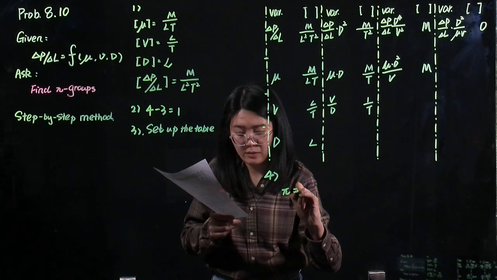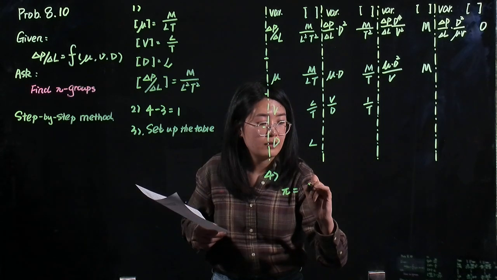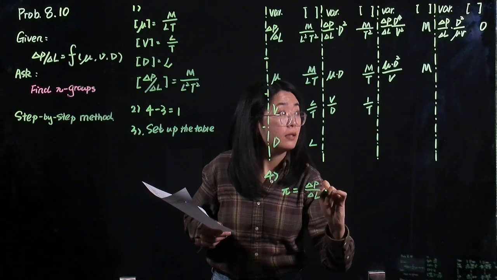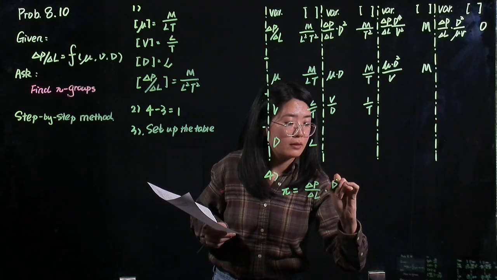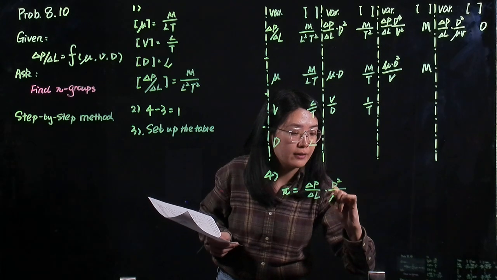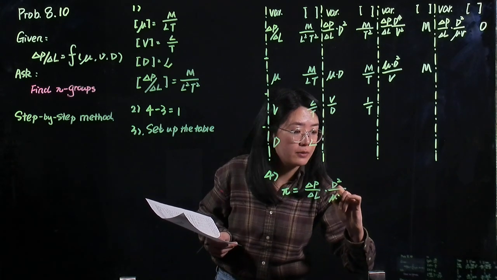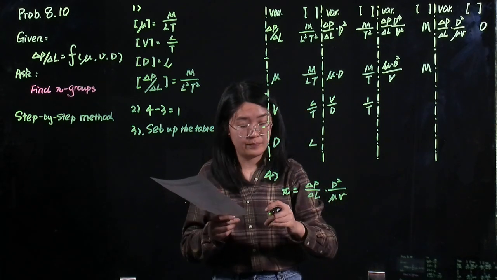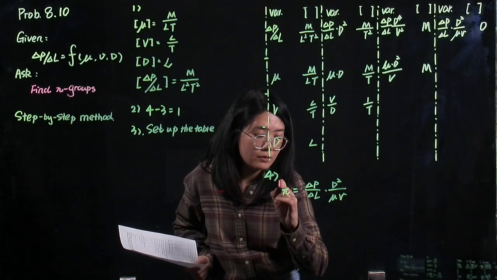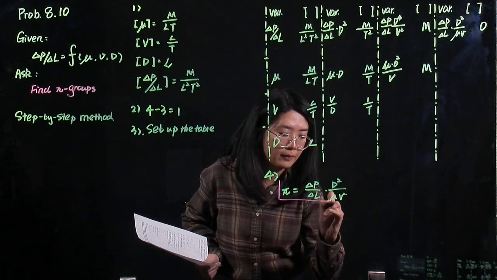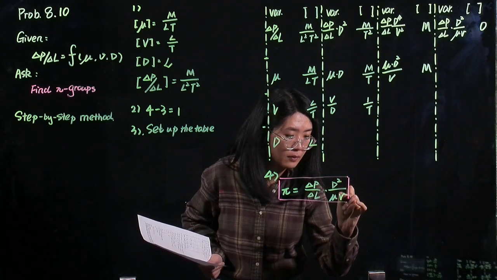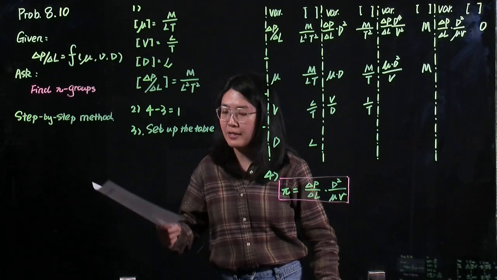Pi equals delta P over delta L times D to the power of 2 divided by mu times V. So this is the result for problem 6 by using the step-by-step method.